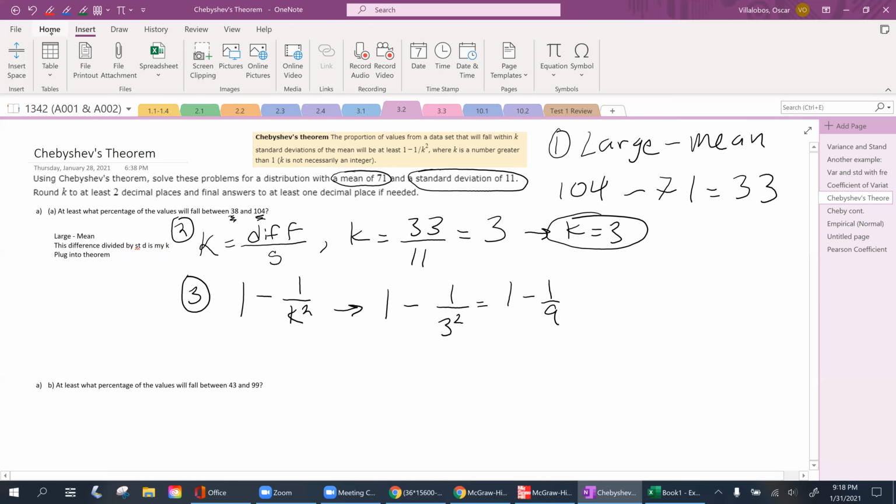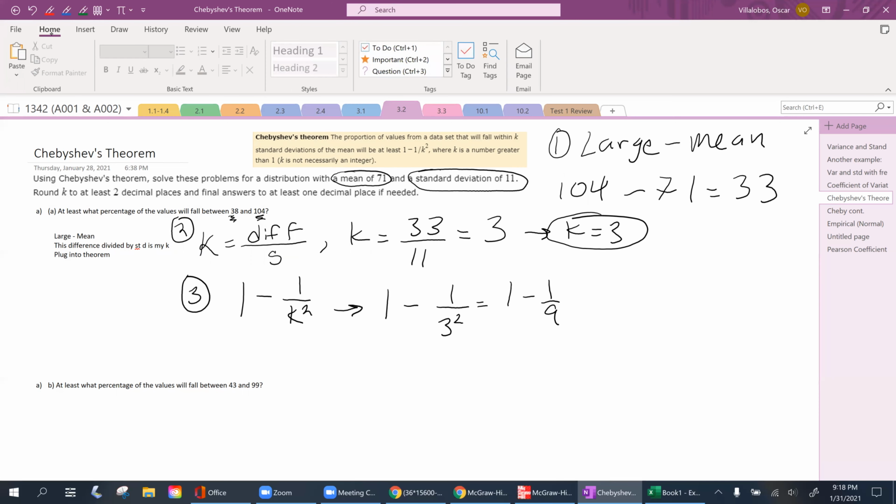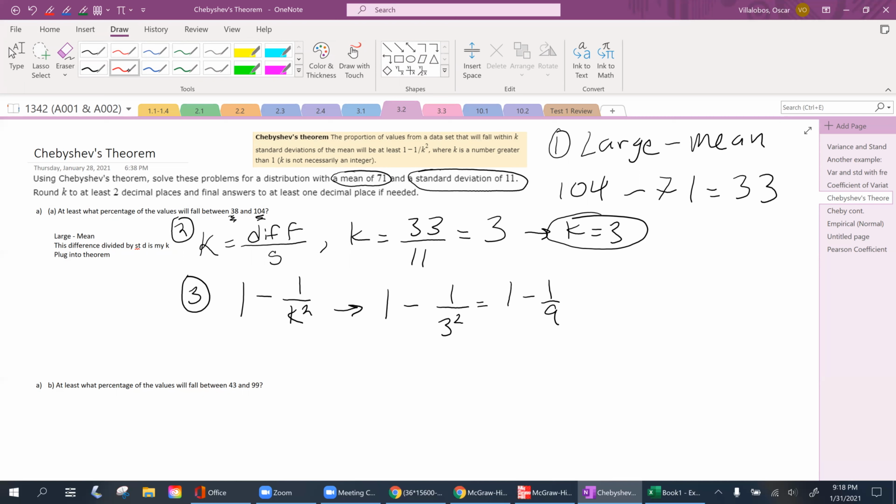What do we need to do to add these two fractions? They both need the same common denominator. So 1 is the same thing as 1 over 1. This means I need to multiply the numerator and denominator by 9, giving me 9 over 9 minus 1 over 9, which is 8 over 9.